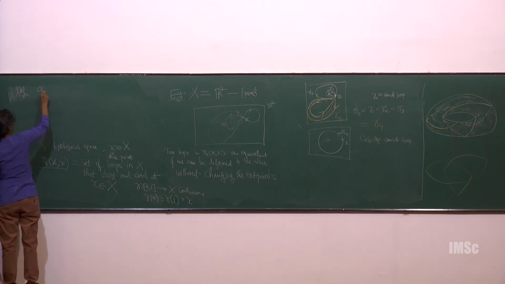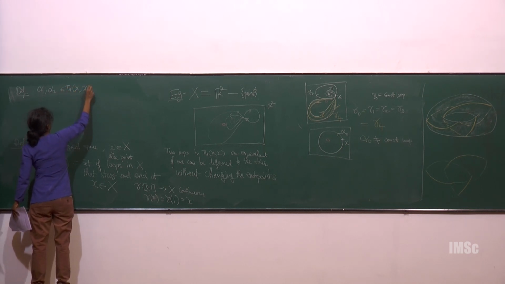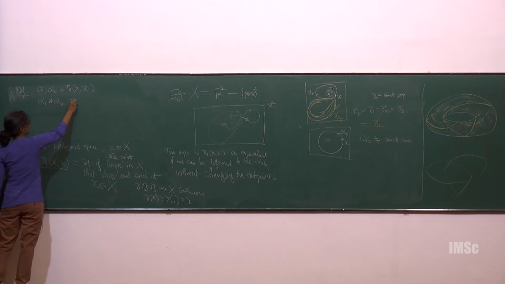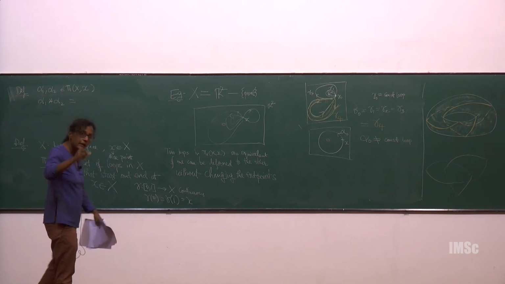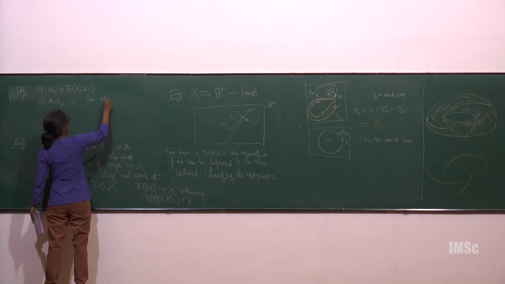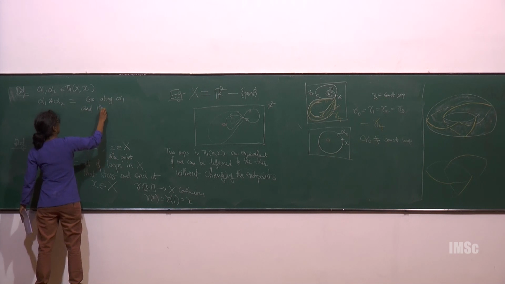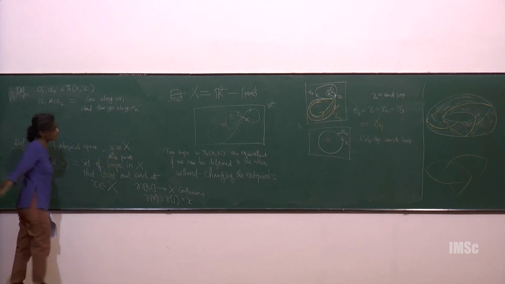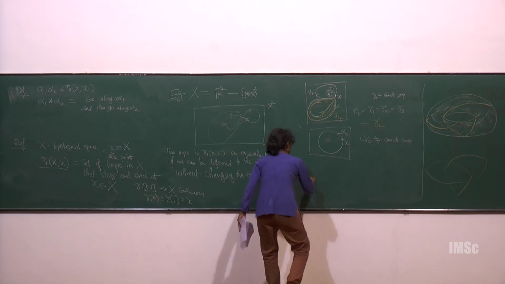So if I have two elements in this pi1 x comma x, their multiplication is go along alpha 1 and then go along alpha 2. Right? So what you said, we can go around twice.